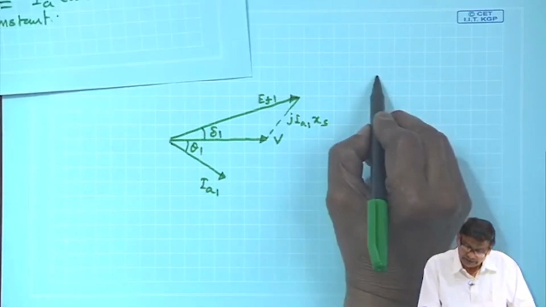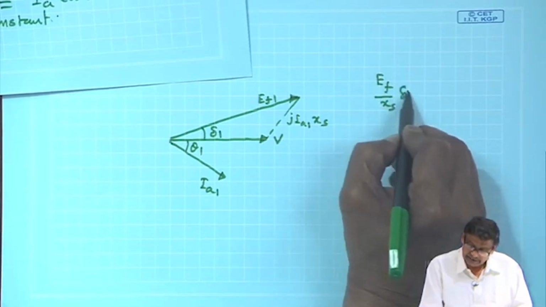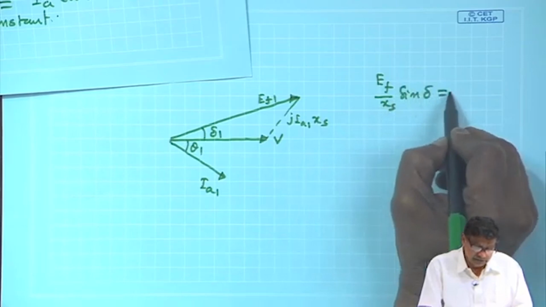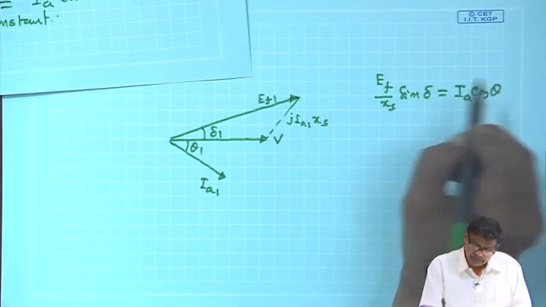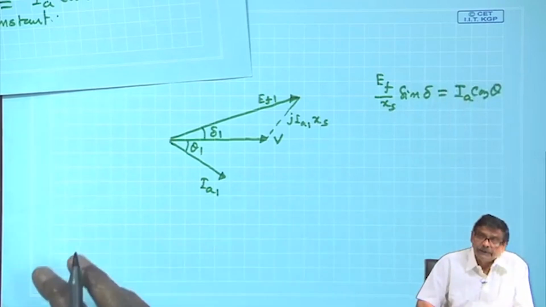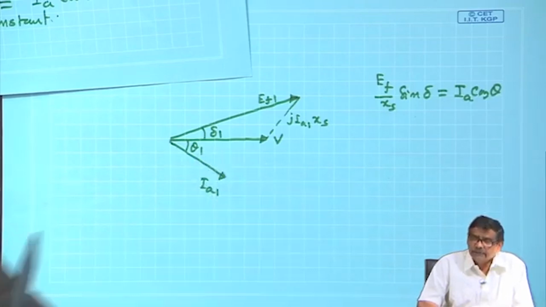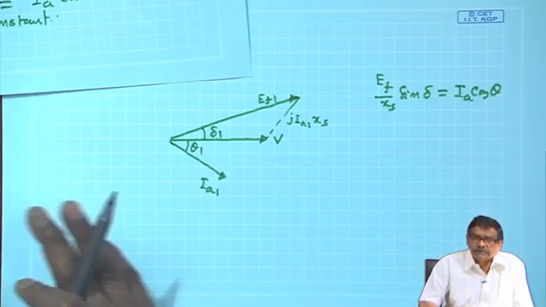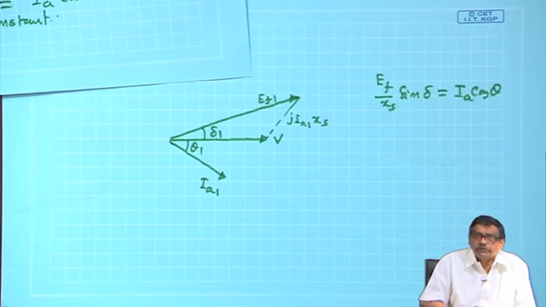So, we have seen that EF by XS sin delta is equal to IA cos theta. Suppose the real power I am not going to change, because real power means how much fuel you are consuming.